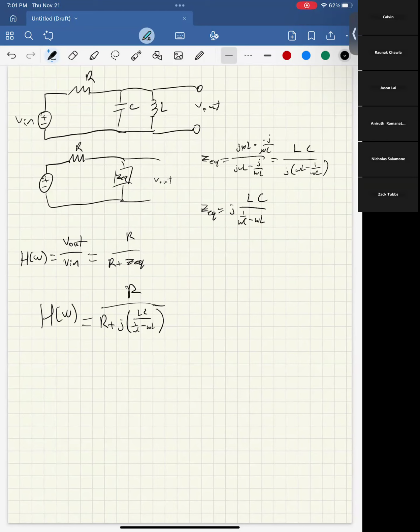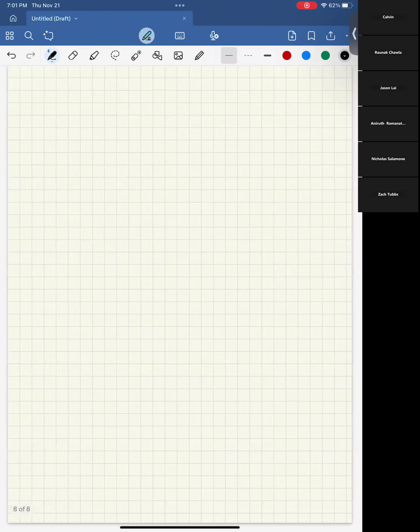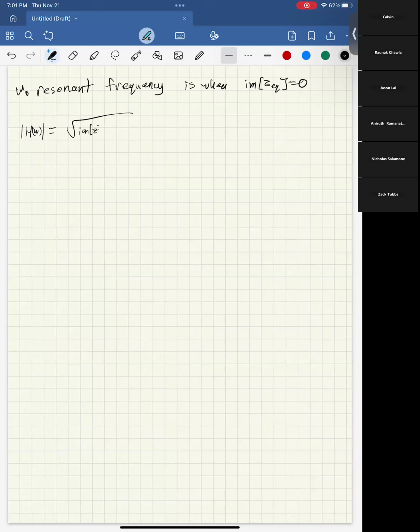Hopefully that was useful. Again, I think the main thing to take away from this is that the resonant frequency is when the imaginary component of the equivalent impedance equals 0. The magnitude of a transfer function is the imaginary part squared plus the real part squared.